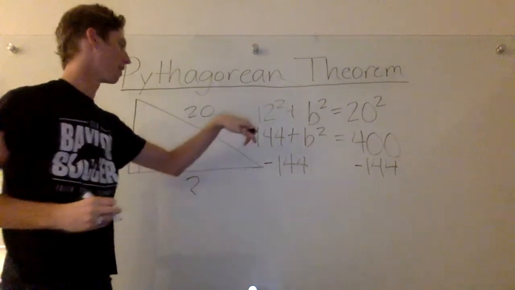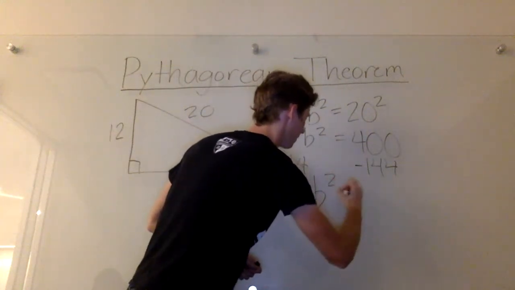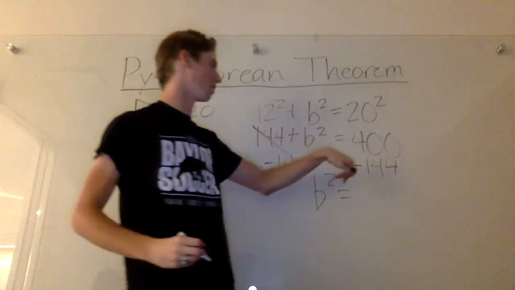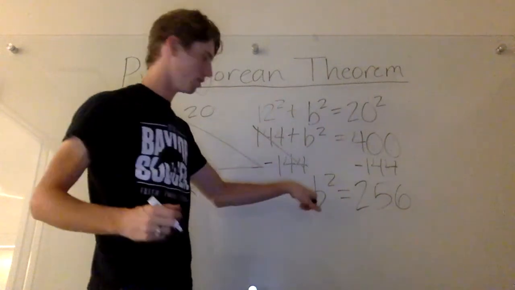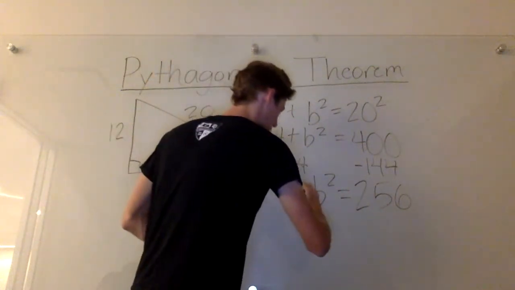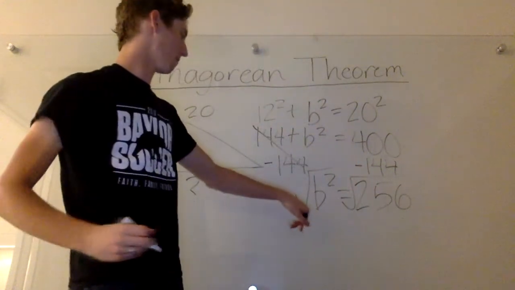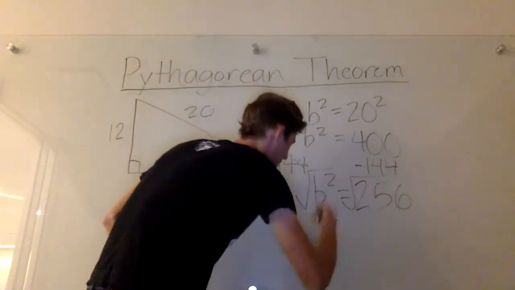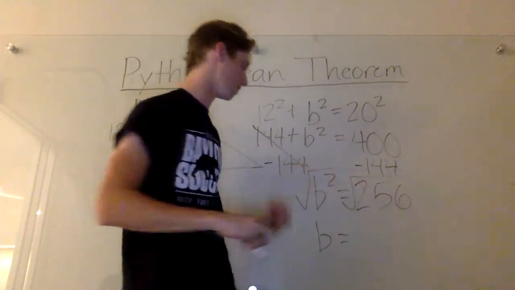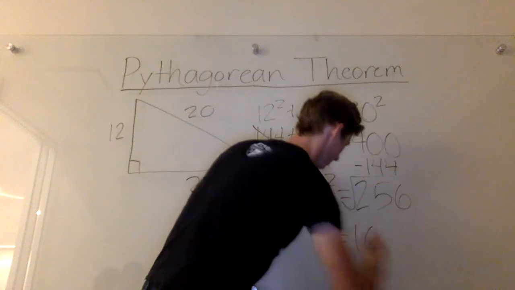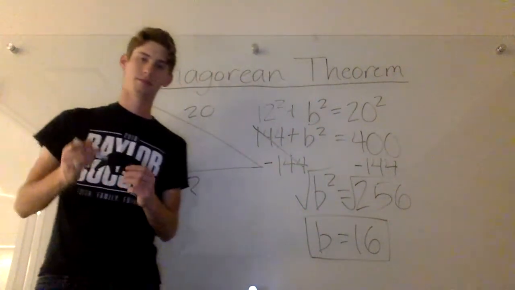That cancels out over here. You end up with just b squared equals 400 minus 144, which is 256. And then to undo this square on the b, we're going to do the square root on both sides. That undoes over here, so we just end up with b equals the square root of 256, which is 16. So we know that our missing side length is 16.